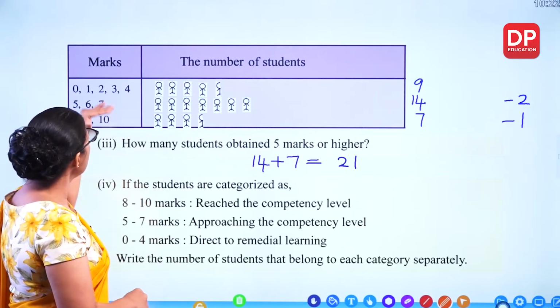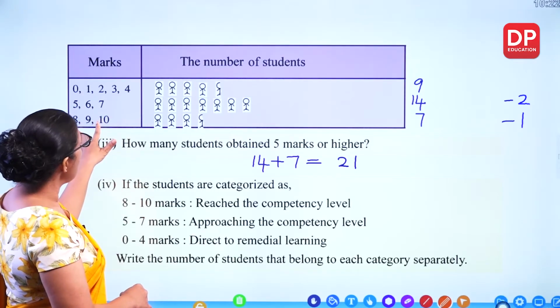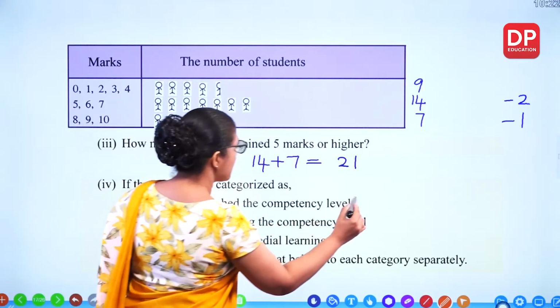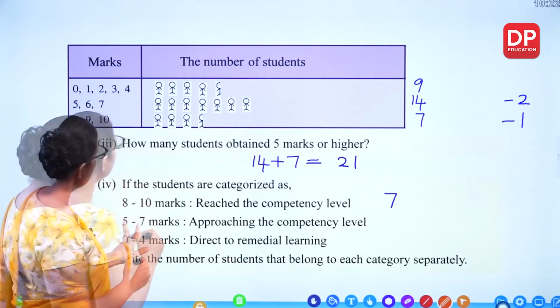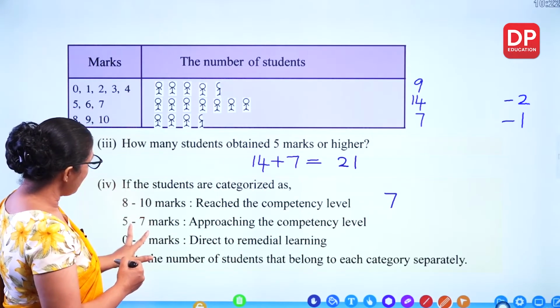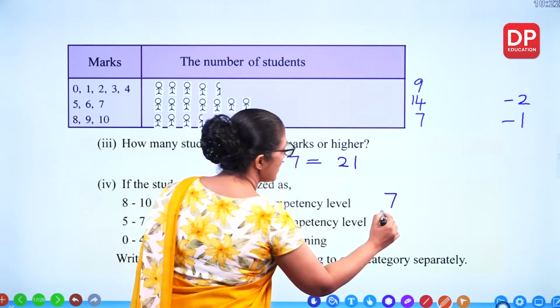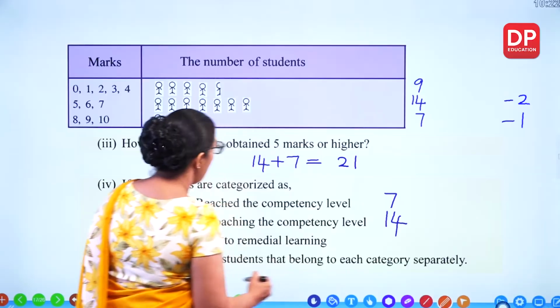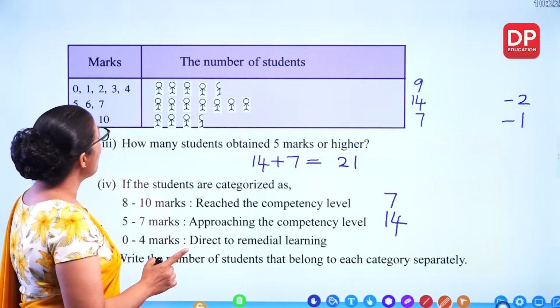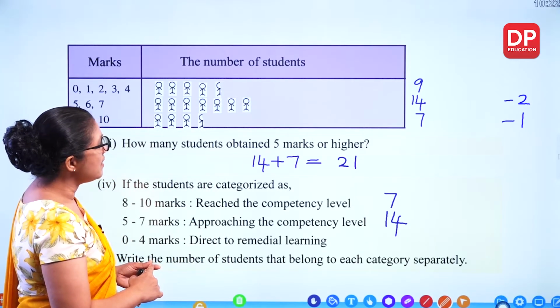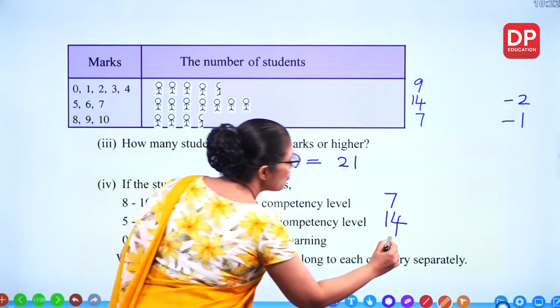So same thing given. 8 to 10 means 7 students. 5 to 7, 5, 6, 7 included here, approaching the competency level, that's 14. And 0 to 4, that means direct to remedial learning, 9 students are there.